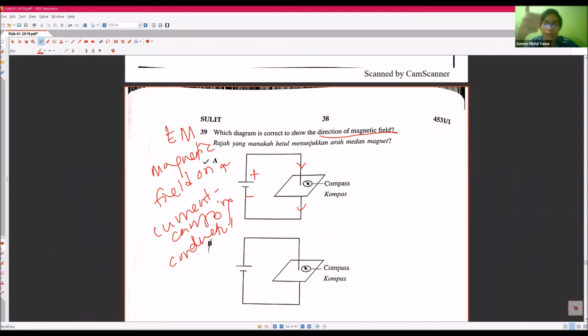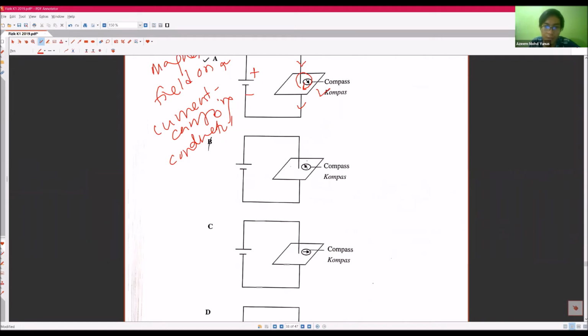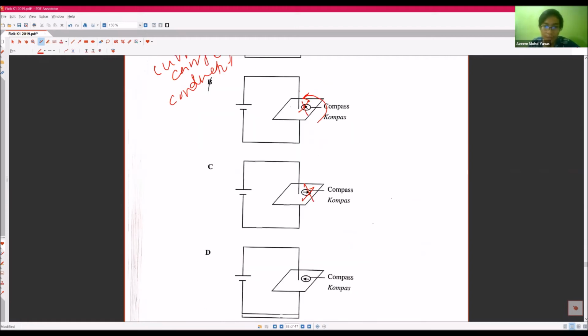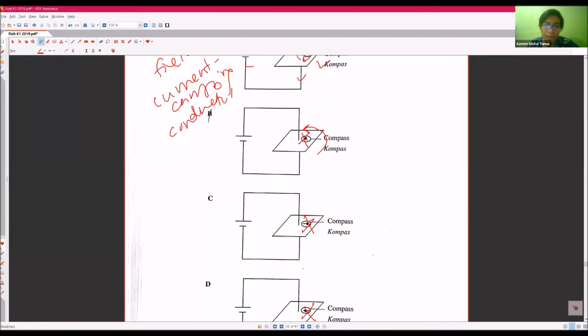So if we use our right hand grip rule, downward, it should be rotating clockwise. So this compass is showing the right direction. This one is wrong, it looks counterclockwise. This one as well is wrong. So A.